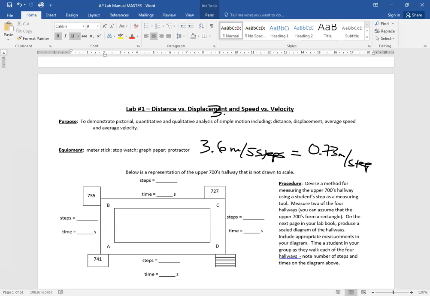Okay. All right, so what do we got here? 34 for the short and 55 for the long. So 34 and 55 steps. And what's our time? The first one was 19.59. And 31.81.